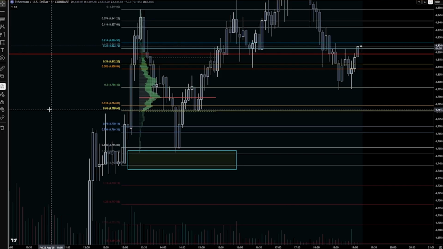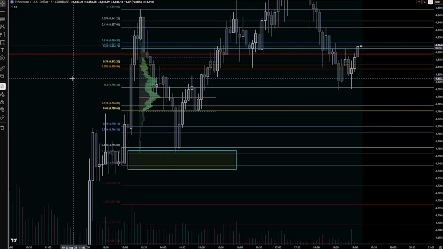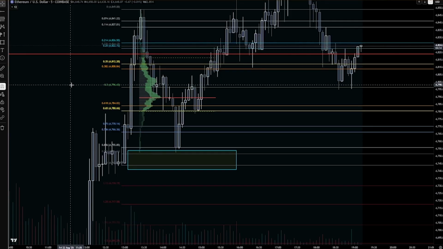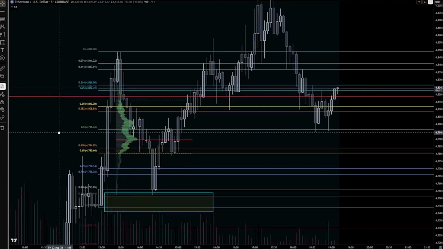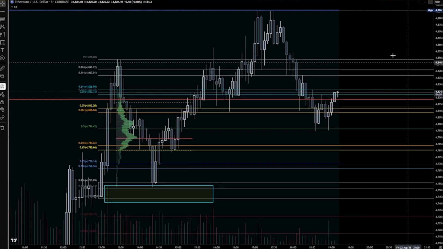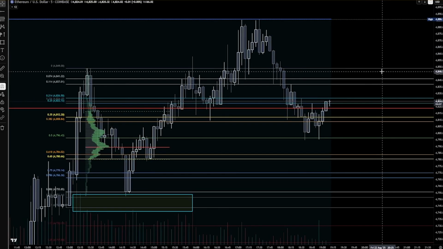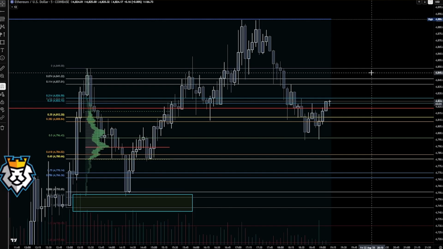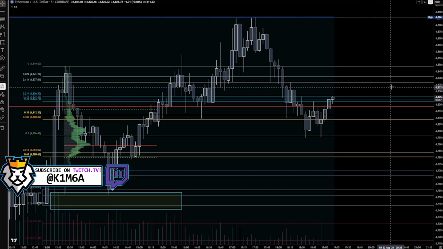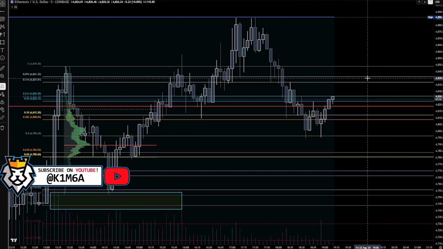Well, it being a vertical representation of two of the three most important elements in auction market theory doesn't hurt. And it doesn't hurt that volume profile was derived from market profile originally. The market profile charts having TPO and volume profile in their standard form.